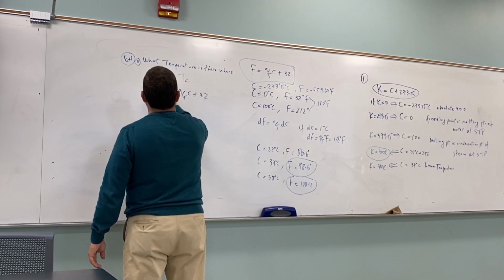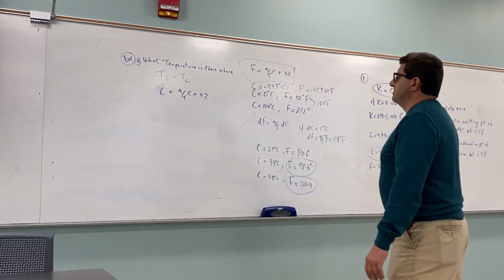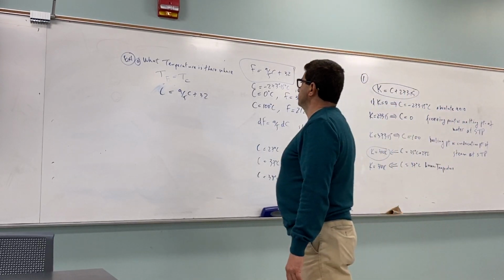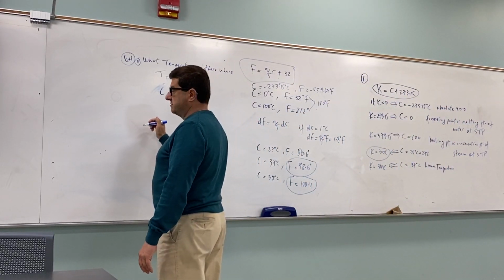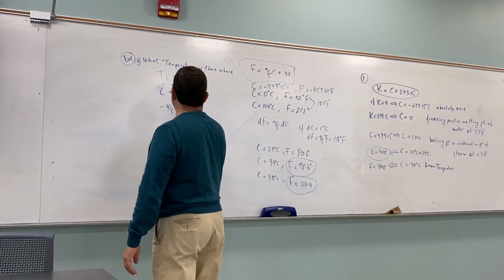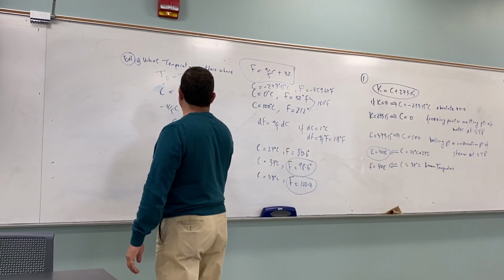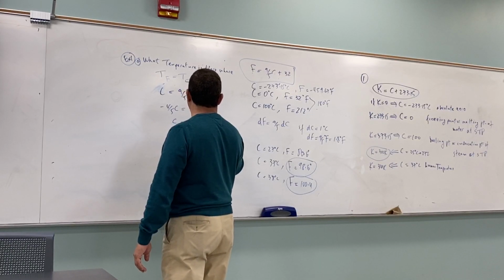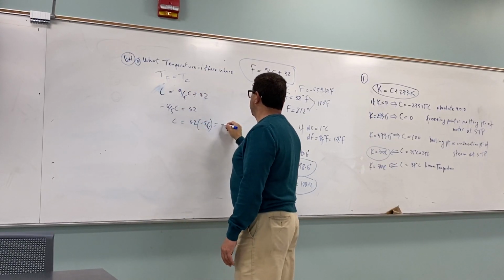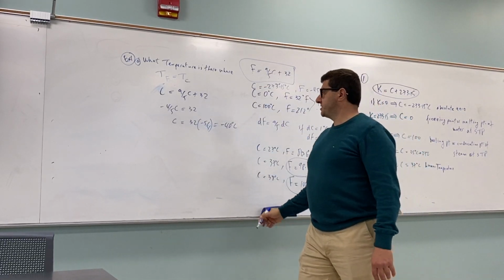Then here, let's just say, change this to C, and then solve for C. So then C would be, let's see, 5, negative 4, 5, C is 32. Celsius would be 32 times negative 5/4, negative 40. So that means negative 40 Celsius.